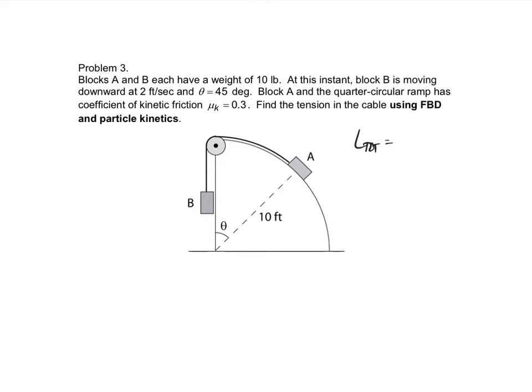But if I said L total, that would be LB plus LA, and then taking VB plus VA, and the acceleration of B plus acceleration of A. Of course, all these would be the tangential of A. If I did it this way, and I wanted to use this equation, then I did all of these as positive out.